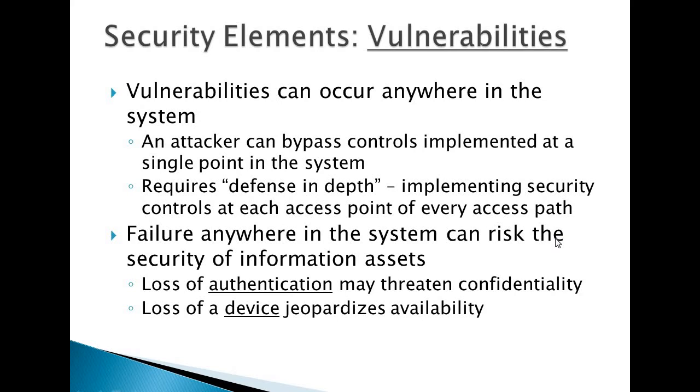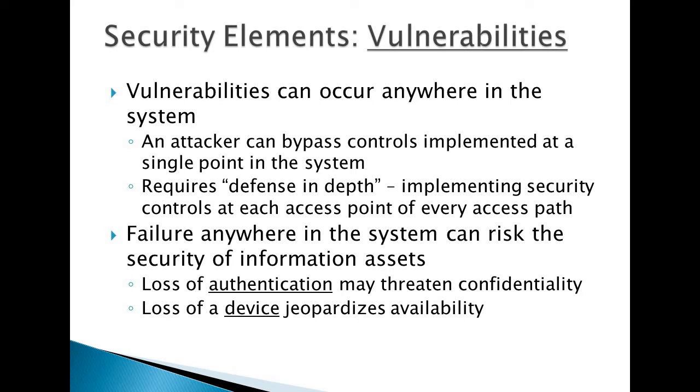So your third element is vulnerabilities. It can occur anywhere in the system. An attacker can bypass controls implemented at a single point in the system. It's one example of vulnerability which can be overcome by giving defense in depth, by implementing security control at each access point of every access path.